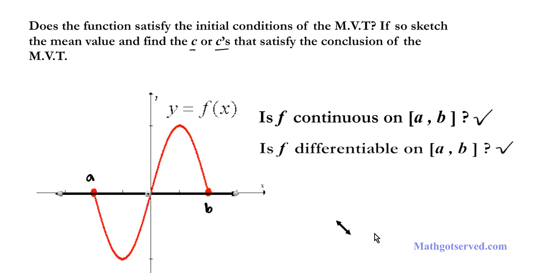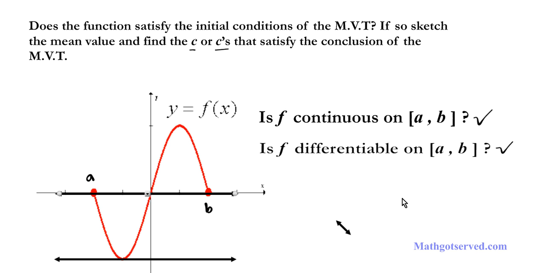So can you see the first C? All we have to do is take a horizontal line and see where the tangent line is horizontal. Okay, so see this horizontal line? Just make it tangent to the curve. At this point, we have a C that satisfies the conclusion of the mean value theorem.